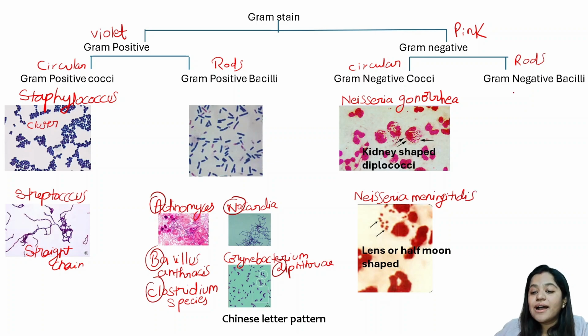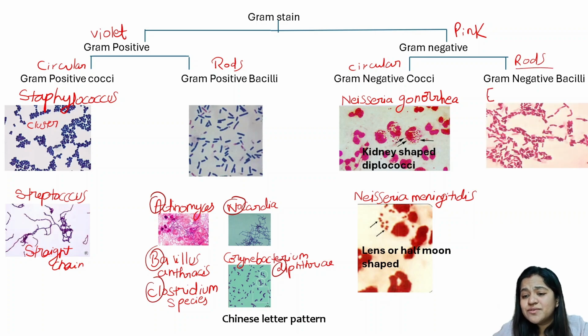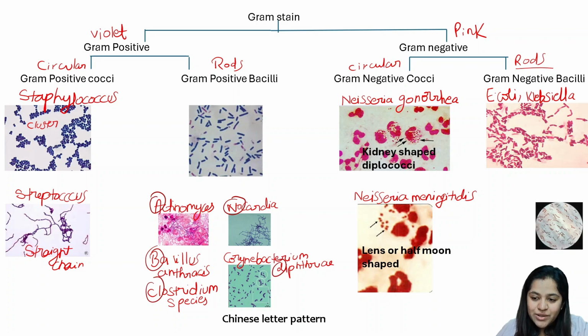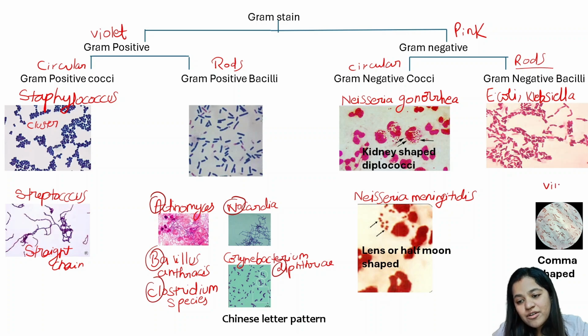Next is your gram-negative bacilli, your pink color rods. Okay. Classical example of this is your E. coli, your Klebsiella. Now, in gram-negative bacilli also, there are some organisms which have a very distinct shape. Very good example of this is this comma-shaped bacteria. This is your Vibrio cholerae.